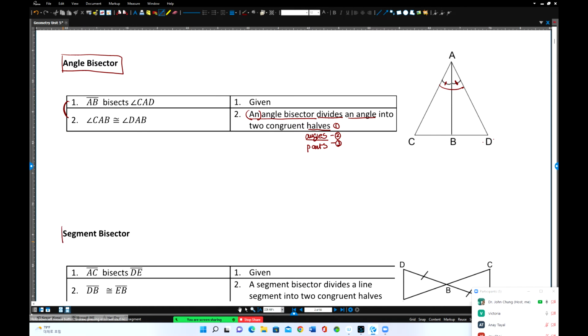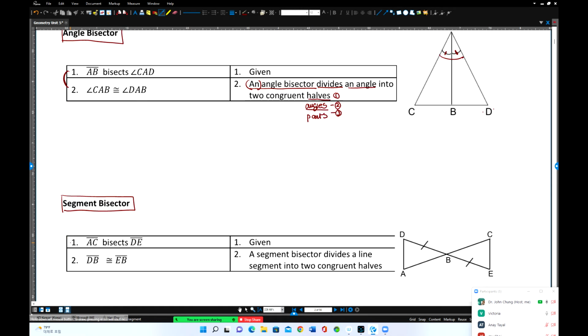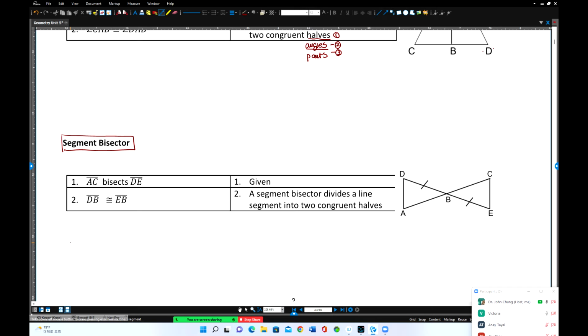Another one is the segment bisector. This is a segment, but this segment bisects another segment. AC is a segment bisector. This segment bisects DE into two congruent parts, or segments, or halves, same as the angle. When you have AC bisect DE, this is a segment bisector. But if this is given, the next step you have to say this is a bisector, right?